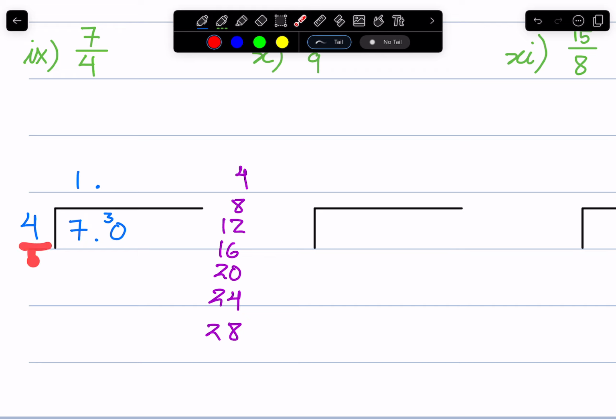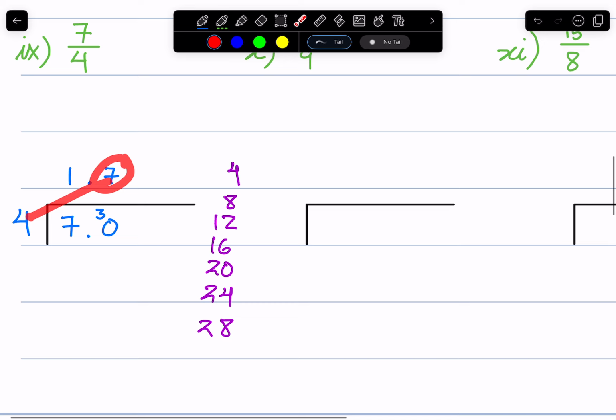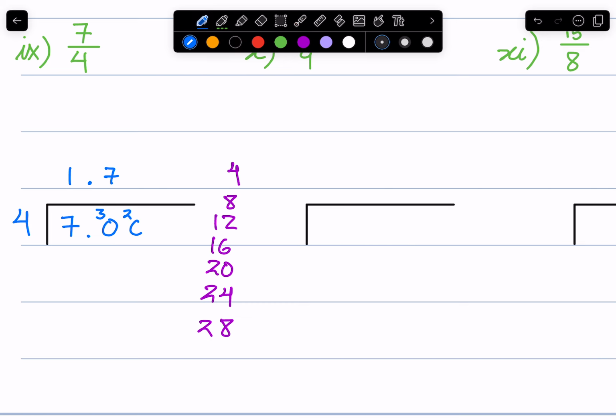Now 4 into 30, if we just scan, we can see that 28 is the closest we can get to. That's going to be 1, 2, 3, 4, 5, 6, 7. Okay, so that's going to be 7. Now 4 times 7 is 28. So the remainder of 2 we apply to the next decimal.